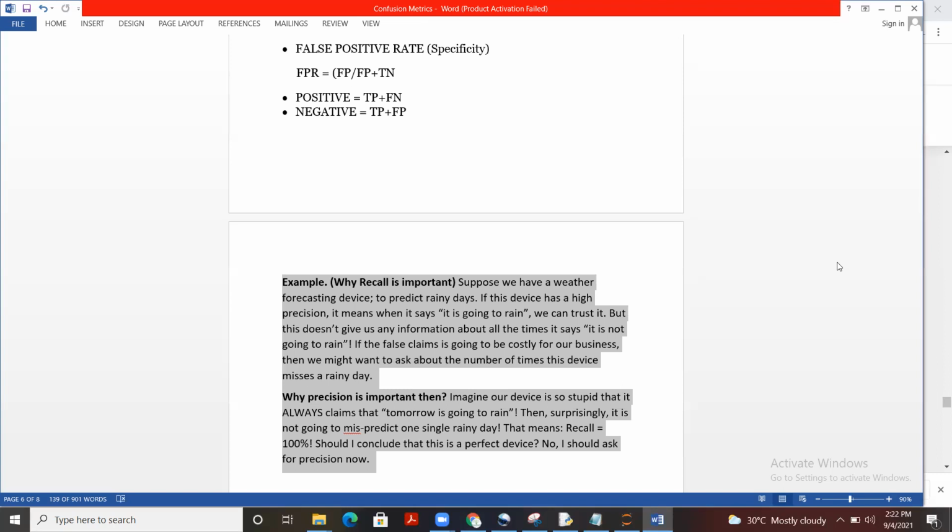For example, the one I gave you, your mom asked you to bring 4 items, and you collected 5 items and reached home. 4 were the ones your mom asked for and 1 was extra. At that moment recall was 100%, because you recalled everything she asked. So 4 were correct, but 1 was an irrelevant item that you added. So your precision is not 100%. It is reduced at that moment. I hope that's clear to you.